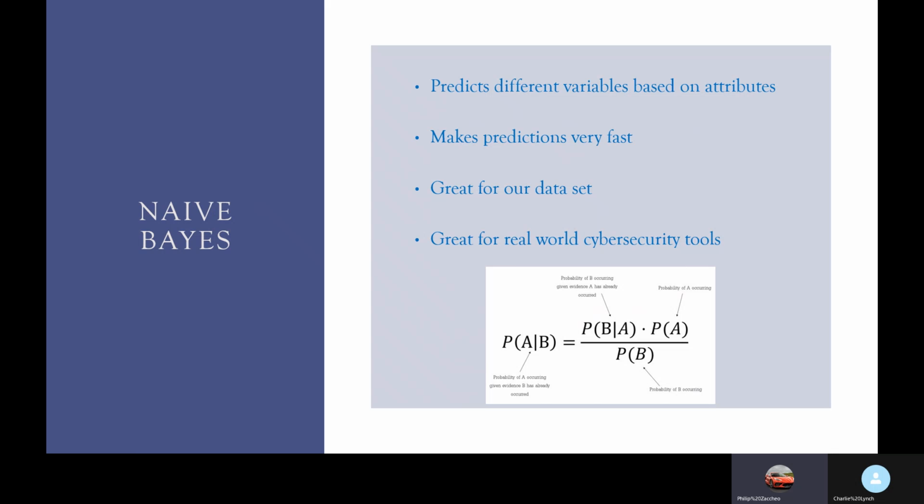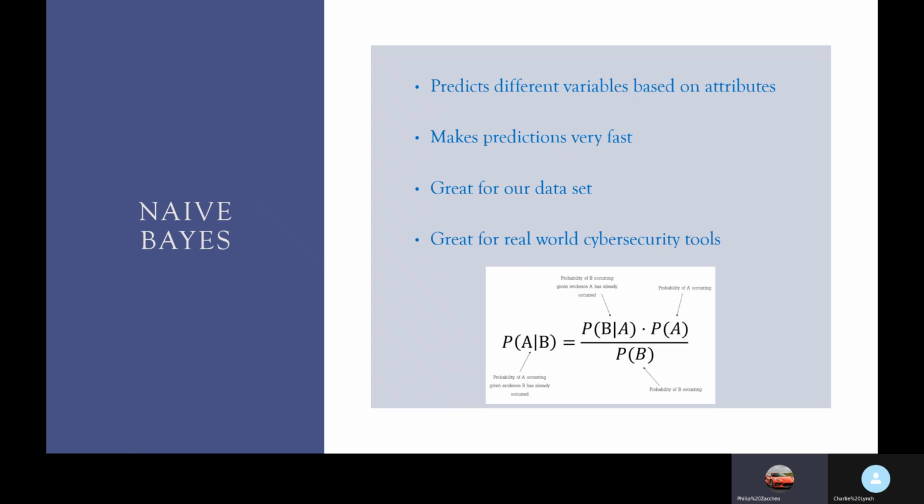And I also thought that this is a great algorithm to use for real-world cybersecurity tools. I know from my experience, whether it's at my job or a previous class, I've used cybersecurity tools such as, I know Lewis mentioned, spam emails were one of the biggest ways that people are getting malware on their devices.